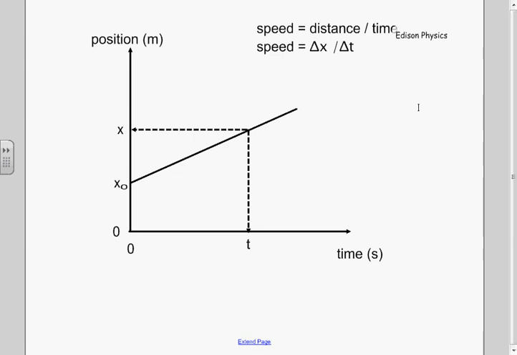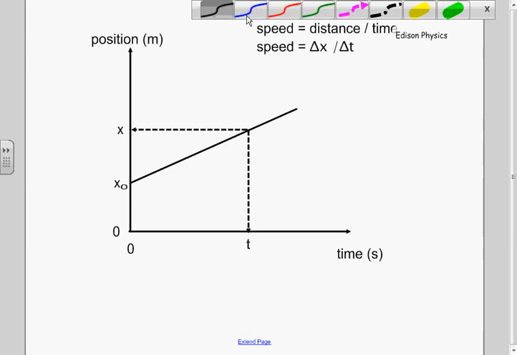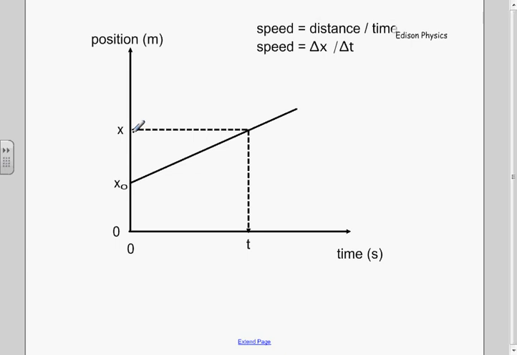Now let's look at the graph a little more carefully. What is delta x? Well, here it is right here. We use blue for this one. Delta x represents this length in blue. That's not the greatest line in the world, but that's delta x.